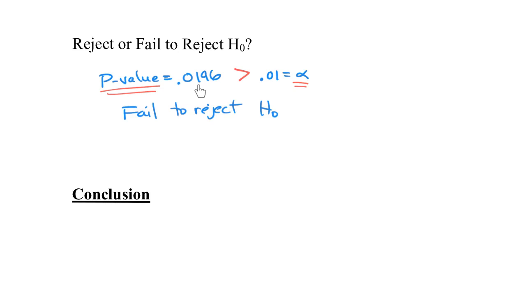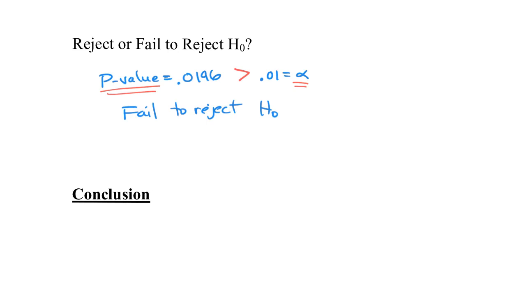Well, our sample had about a 2% chance, which is more than this, so we're not going to reject it. We're sticking with H0, right? 2% chance, not a very big one, but not small enough. We're only going to reject it if it's a 1% chance. So we failed to reject H0. We're going with H0. And then they're going to want us to give a conclusion.